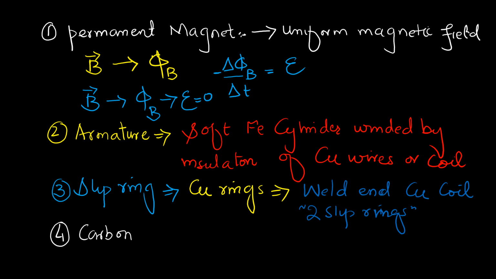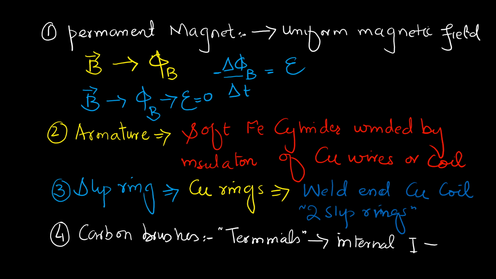Carbon brushes. The carbon brushes in an alternating current generator act as terminals. They transfer the internal current into the external circuitry.